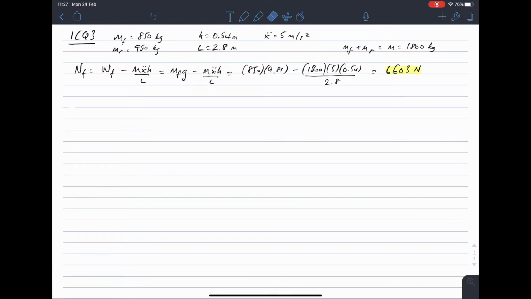For the rear load, NR is the weight on the rear plus mx double dot h over L. So that's 950 times 9.81 plus 1800 times 5 times 0.54 divided by 2.8.